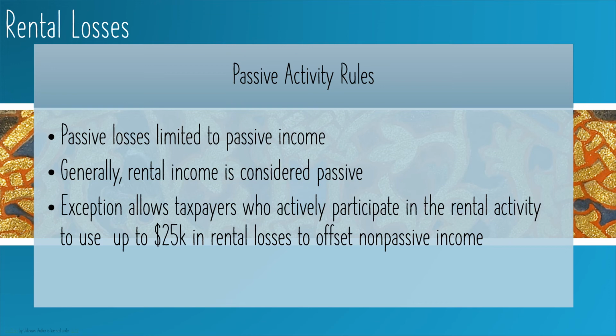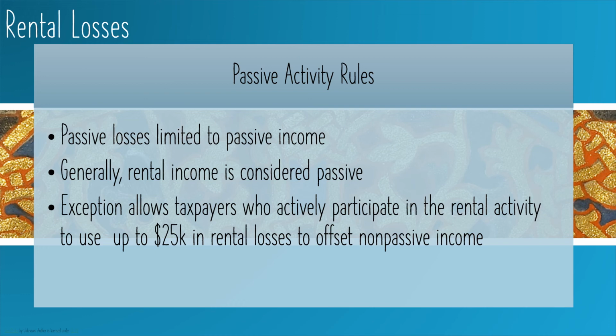And then it's not uncommon for rentals to generate a loss for the taxpayer. So there's some rules around whether or not the taxpayer can take that loss, or whether it will be limited.